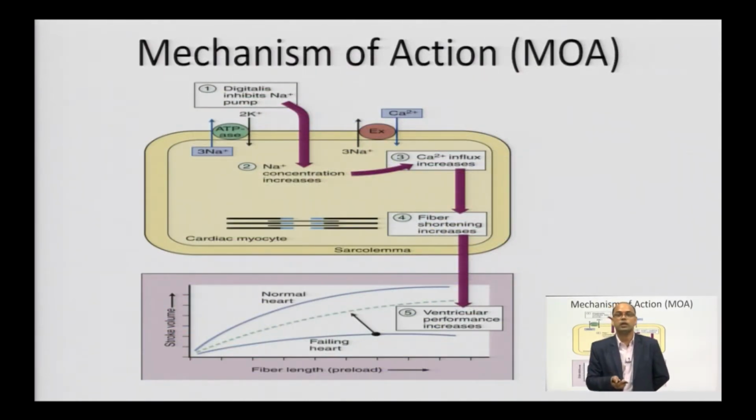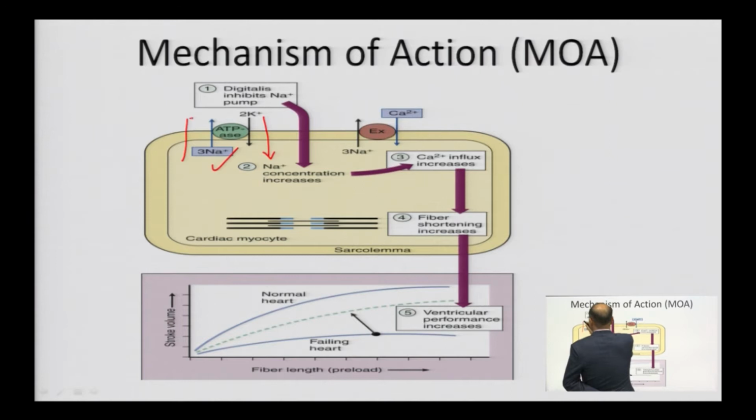Before moving on to the isolation part, we should know how this phytoconstituent acts on your body, because we have seen the use of this cardiac glycoside on the cardiac muscles. Its main mechanism of action is on the cardiac muscles. In the normal mechanism, there is an exit of 3 sodium ions in exchange for 2 potassium ions.